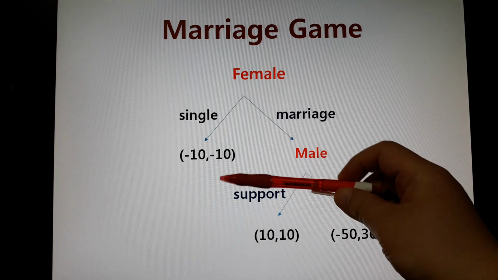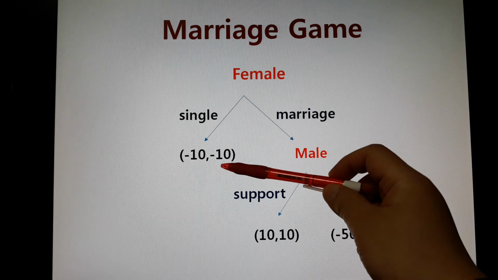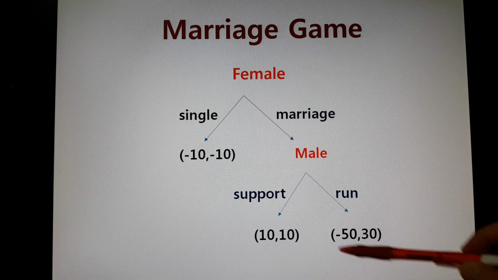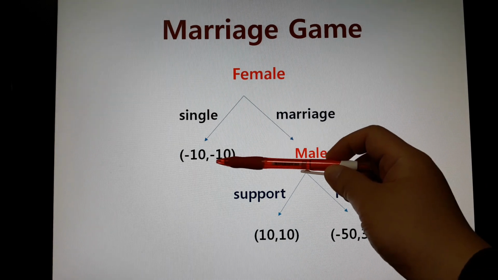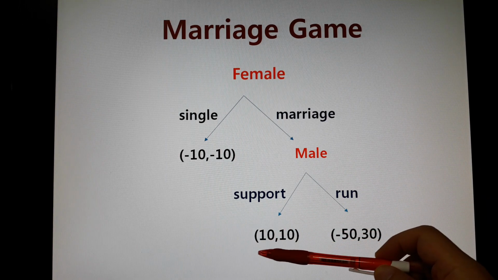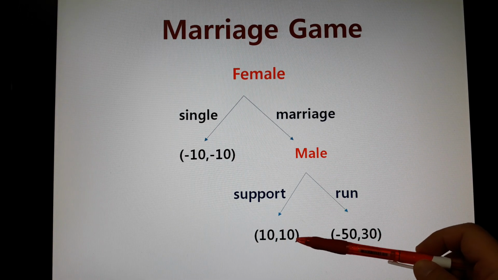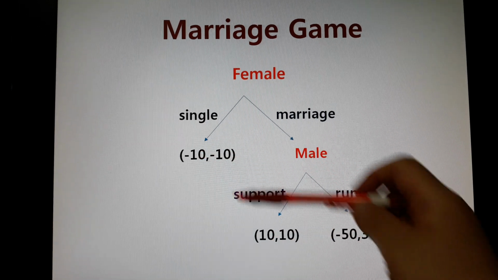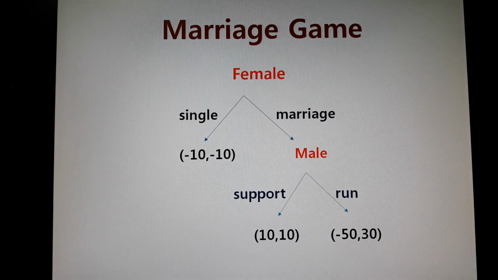Here, the single state for female and male is negative 10 and negative 10. Yeah, there is a big problem here, but if you just compare negative 10, negative 10, and a happily married male supporting the family, 10 and 10, both female improve from negative 10 to 10, male improves from negative 10 to 10, so this is Pareto improvement.